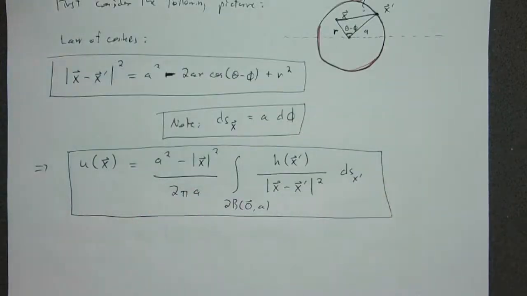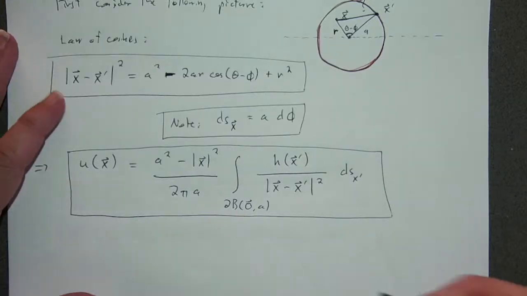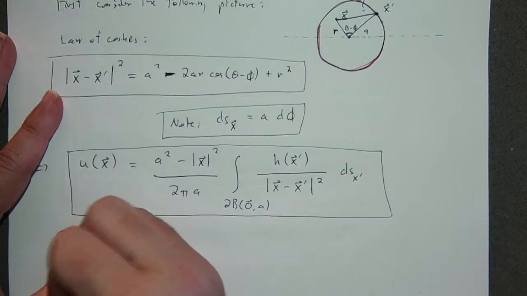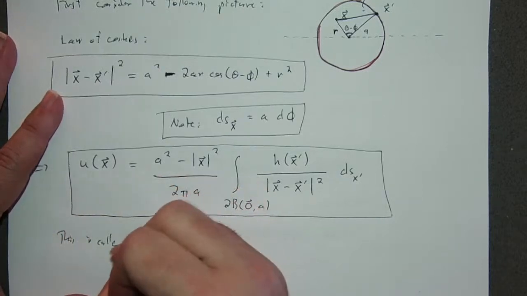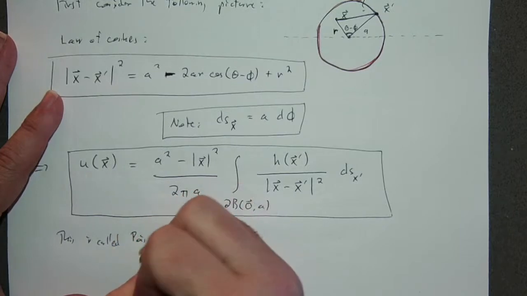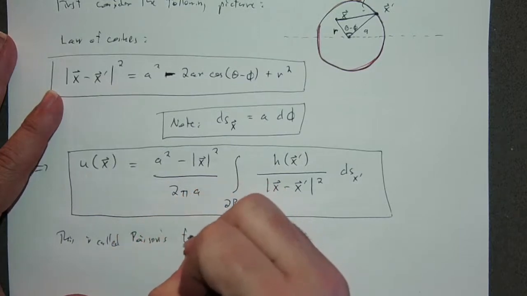It comes from this formula. Now, a couple of things. So first, this is called Poisson's formula.